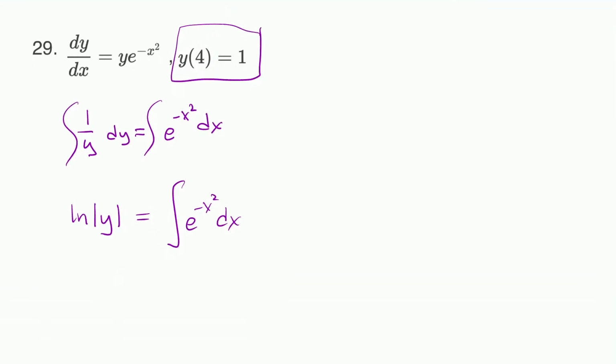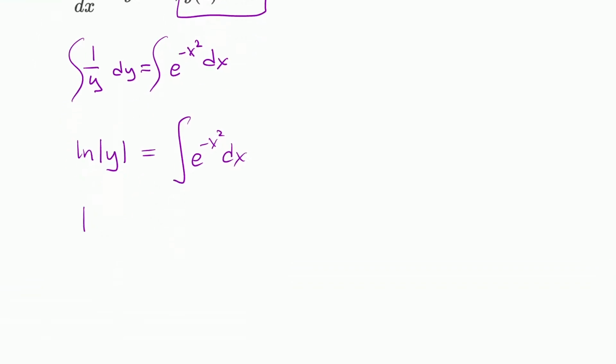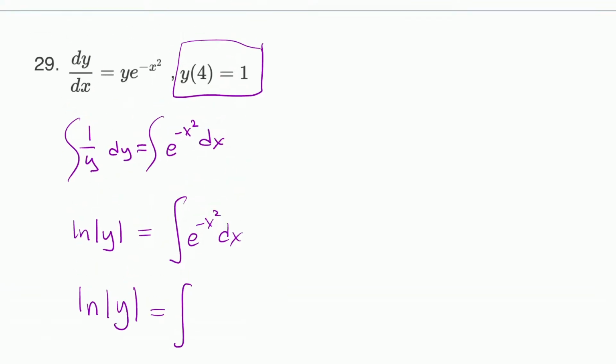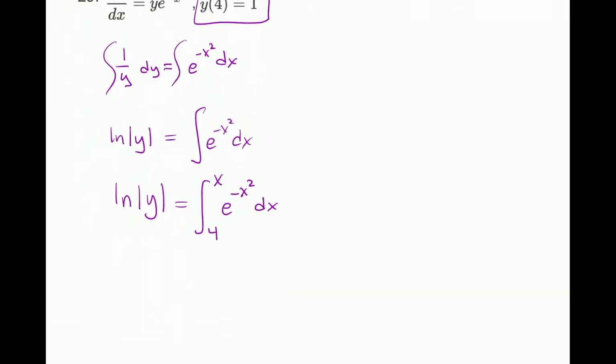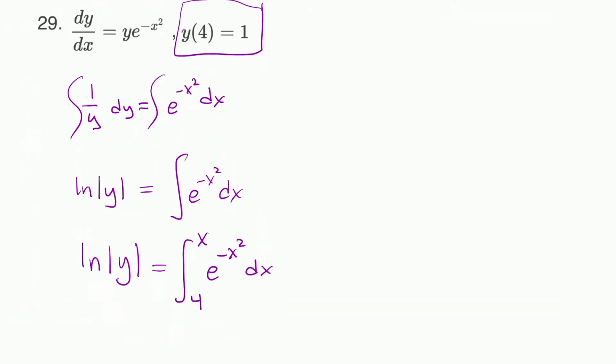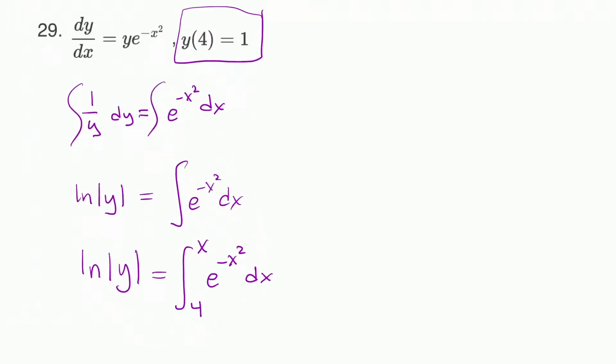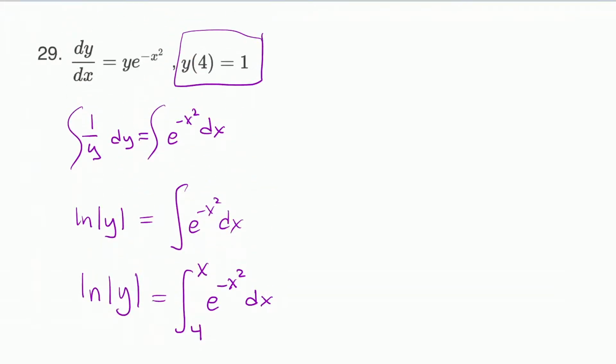So what I'm going to do is something like this. Natural log of y is equal to the integral from 4 to x of e to the negative x squared dx. So let's see what happens when we plug in the number 4, just so that you can see how this shakes out. It says y of 4 should equal 1.